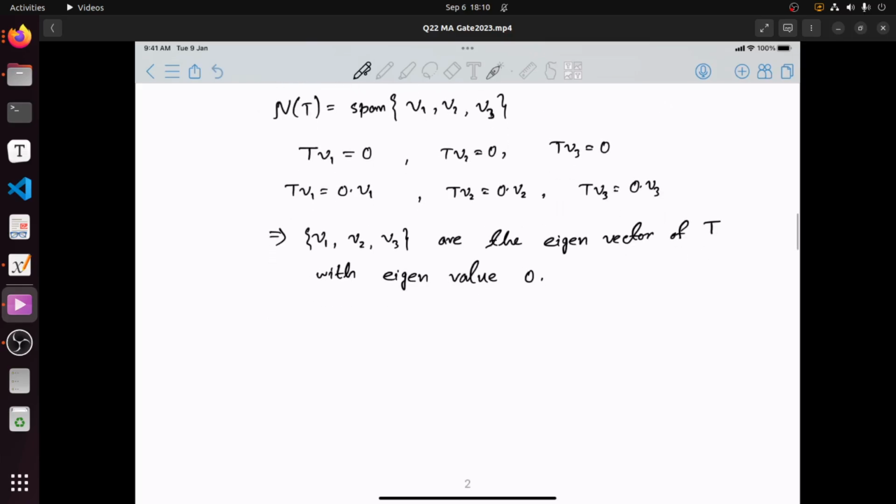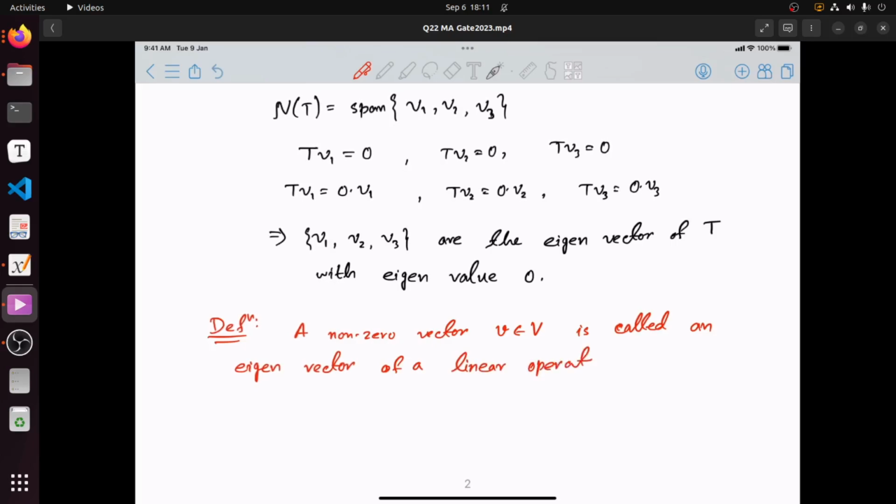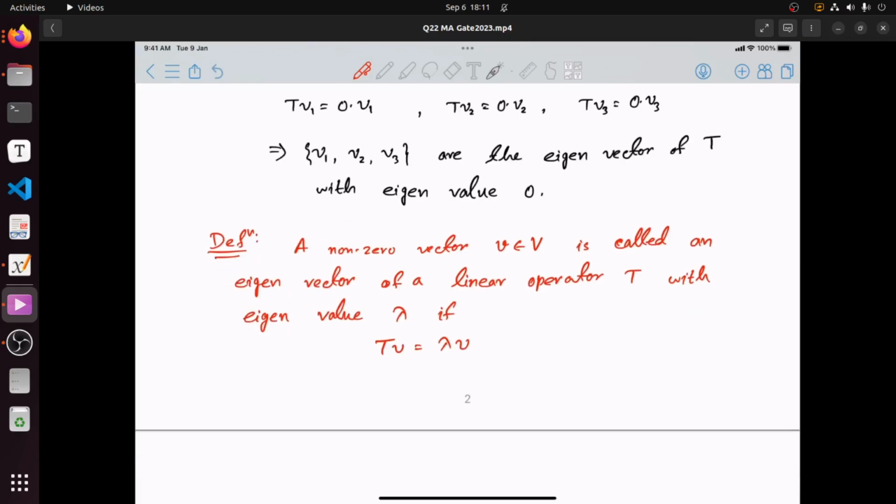Why? Let me give the definition, if someone has any doubt. A non-zero vector v in the vector space V is called an eigenvector of the linear operator T with eigenvalue lambda if Tv equals lambda v.